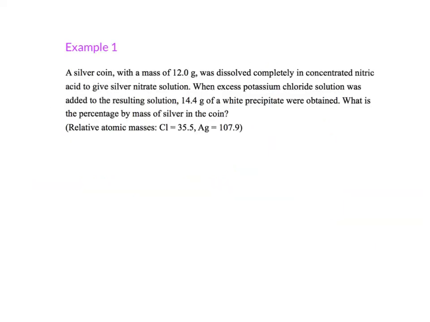For this question, you'll find that we have a silver coin with mass of 12 gram dissolved completely in conc. nitric acid to give silver nitrate solution. At this moment, you may think that silver has no reaction with the acid, but right now we're having conc. nitric acid. So later on, you'll learn that they will have reaction. So all the Ag will react with conc. nitric acid, and then give out silver ion.